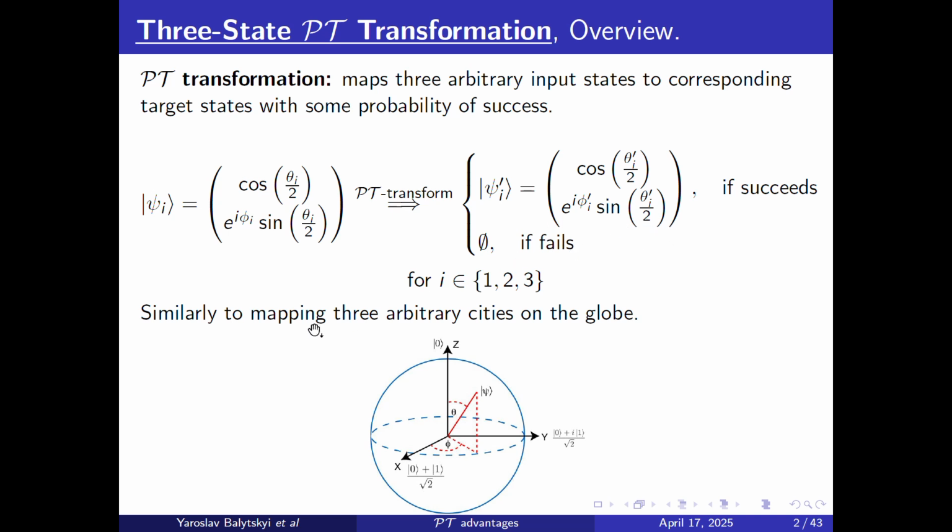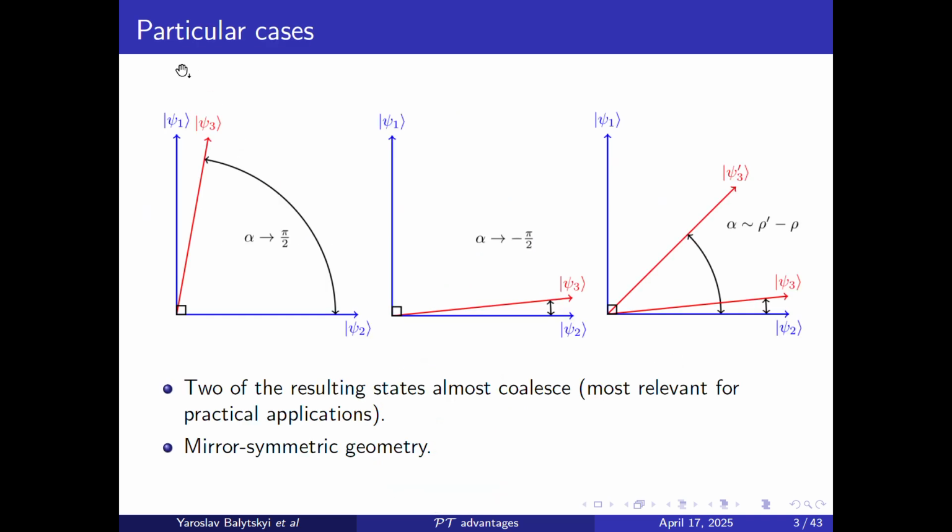Essentially it is similar to as if you have a globe, and on that globe you have three cities. This transformation maps arbitrary three cities on the globe into another three arbitrary cities on the globe. And here are partial cases of this transformation.